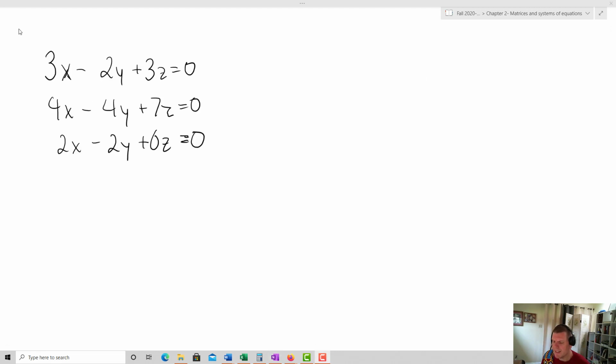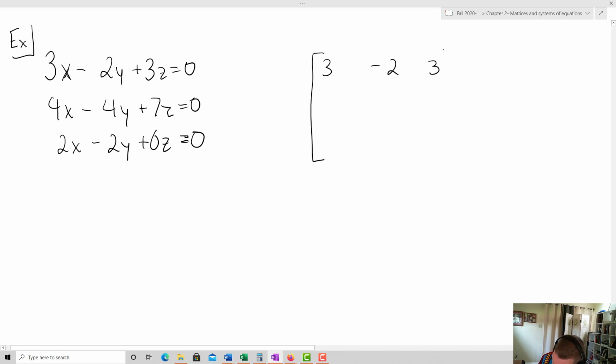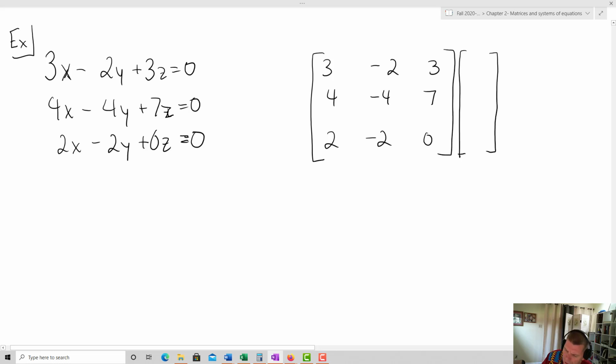So let's consider this system. In this system, my coefficient matrix is going to be 3, negative 2, 3, 4, negative 4, 7, 2, negative 2, 0, and I'll multiply that by whatever my solution vector is going to end up being. Now, if you think about this one for just a moment, all three of these equations are set equal to 0.